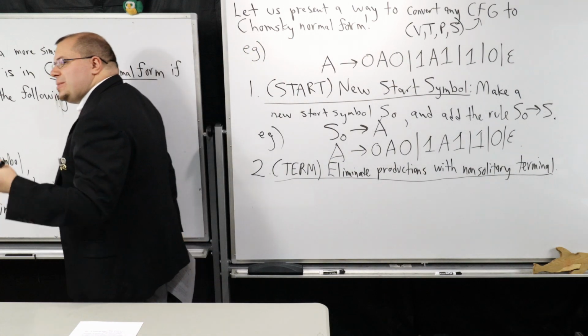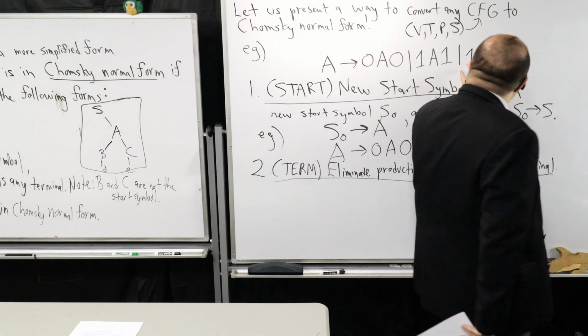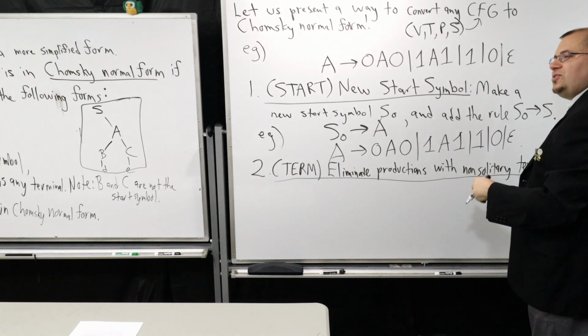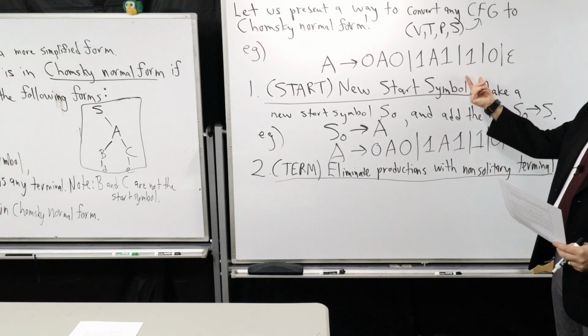Some people like to say that if you have a production rule where, for example, right here I have a terminal on its own, some people will call that a solitary terminal because it's all by itself.